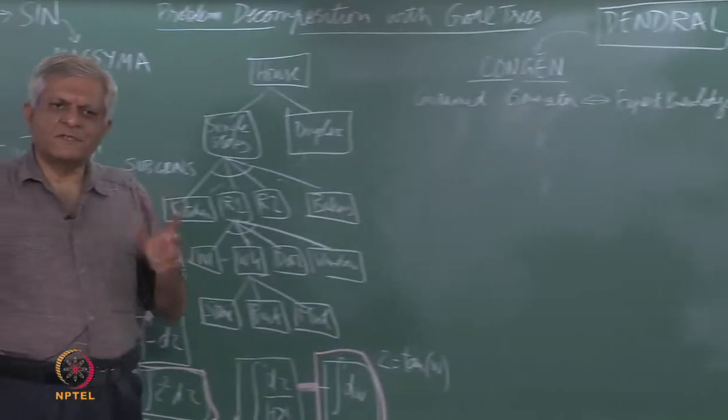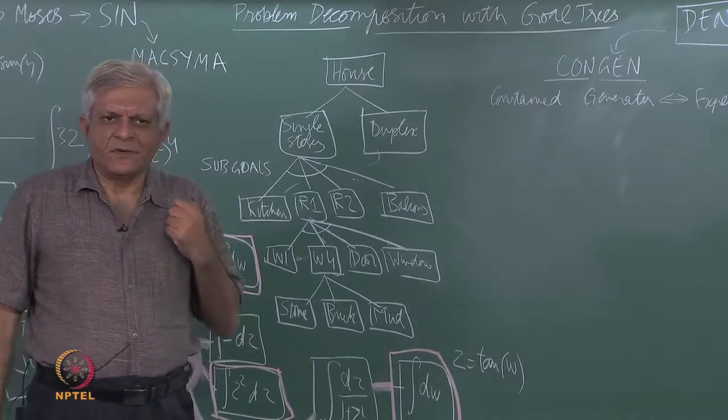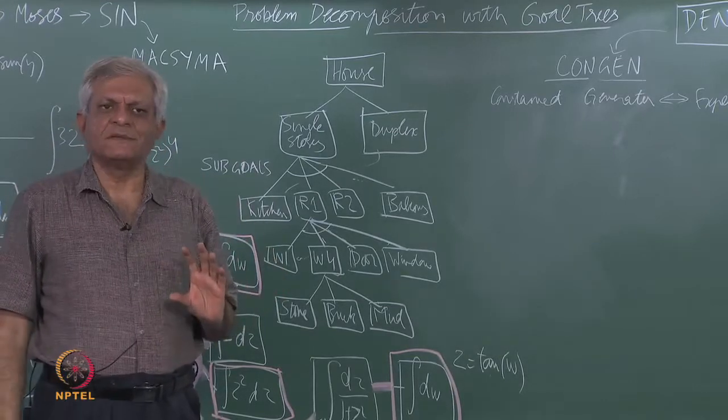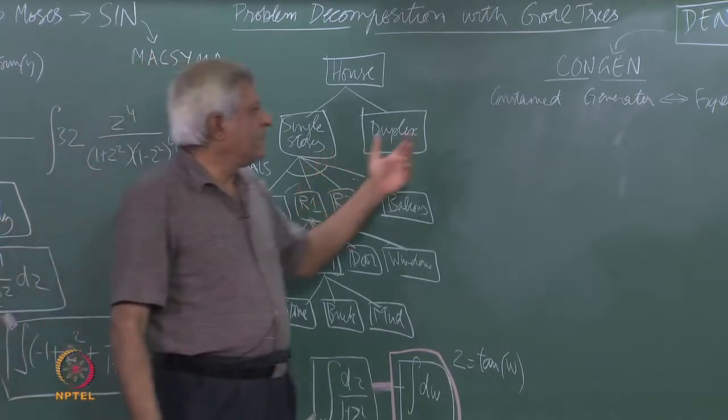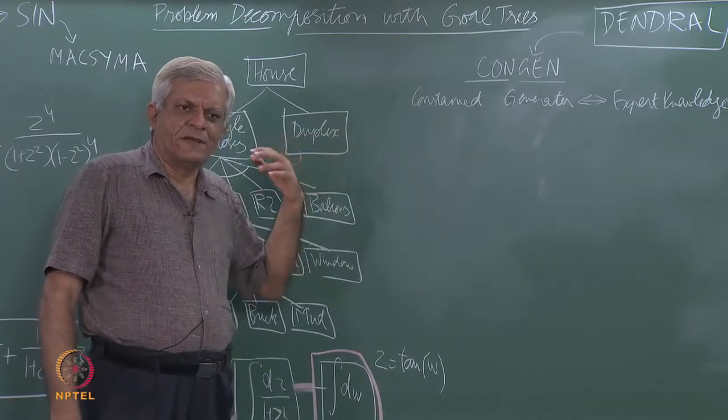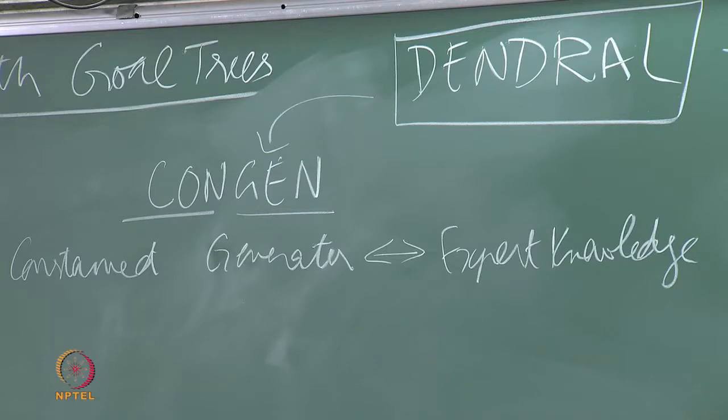Of the many possible ways that you could conjure up structures for a given molecular formula, ConGen was guided by knowledge gleaned from chemists as to what structures are feasible and what are not feasible essentially.